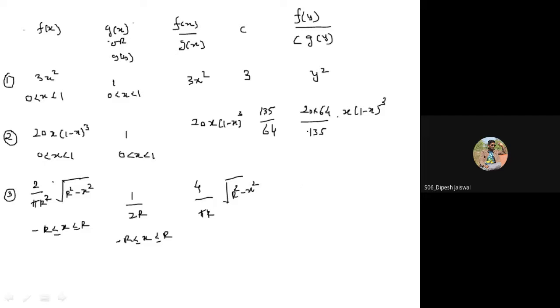And when you calculate, c is 4 upon pi and f(y) upon c g(y) is 1 upon r square root of r square minus, okay, here y is written so this should be y, r square minus y square.